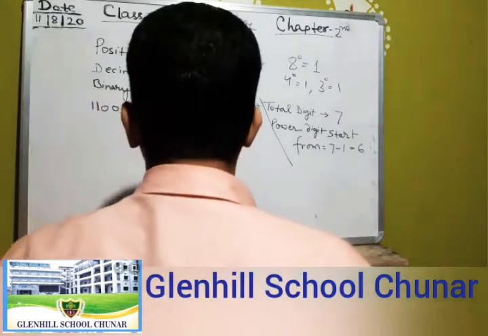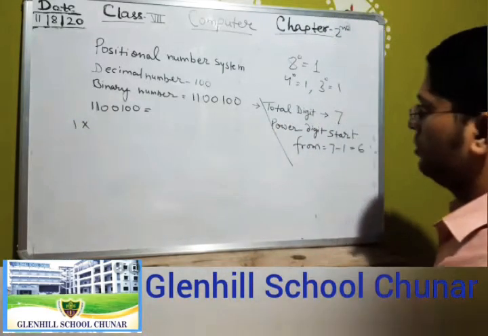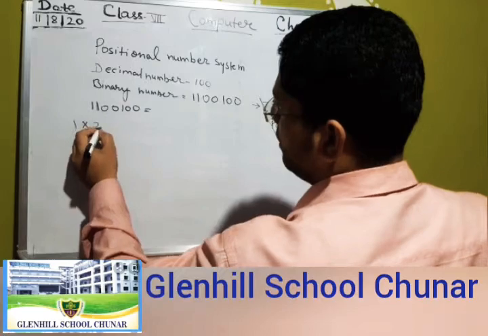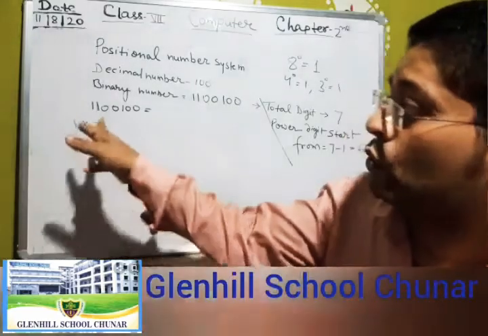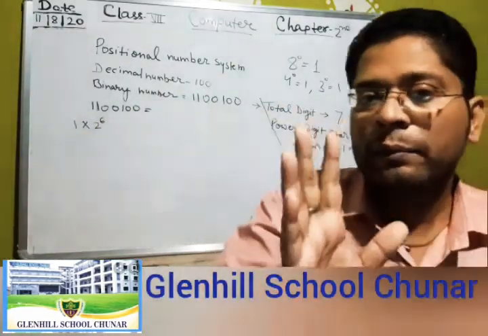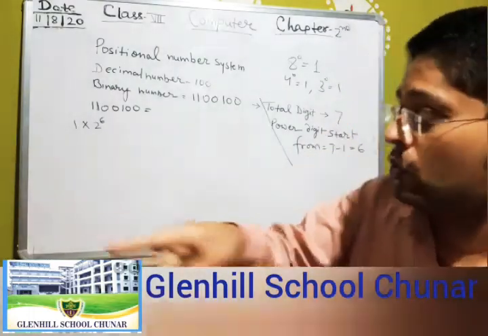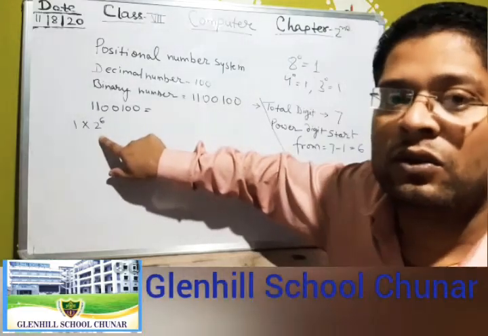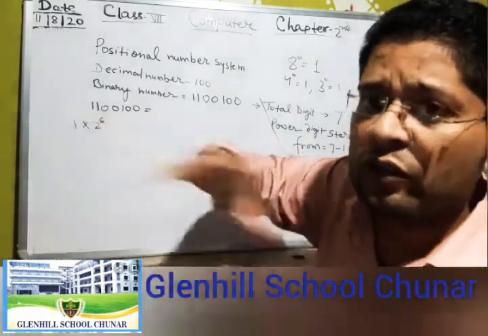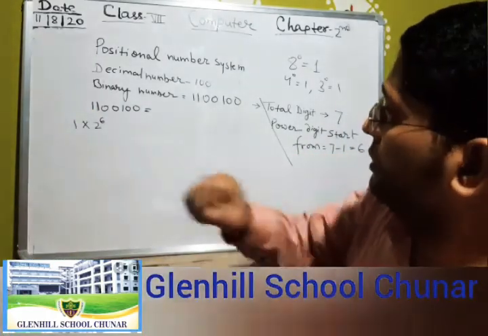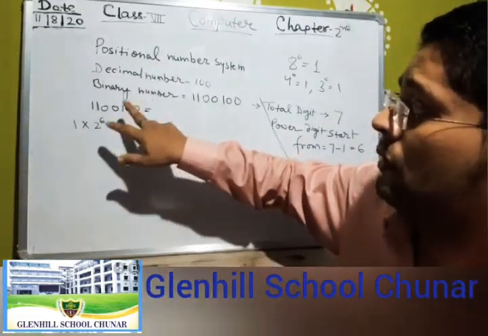So look, 1 into 2 power 6. You know, students, why multiply by 2? Because that's the base of a binary number. What is the base of a binary number? 2.